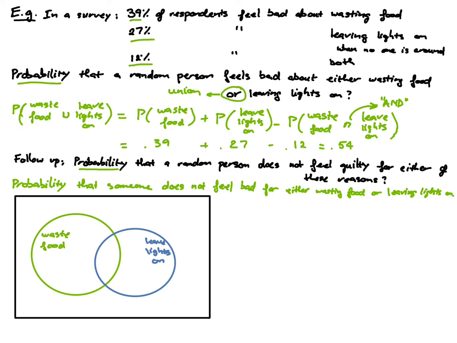So in this question, we're interested in the area outside of the two circles, which represents the people who do not feel bad about either wasting food or leaving lights on, right? So not feel bad about either. Okay, and let me shade that area. So the shaded area is the area that we want to compute.